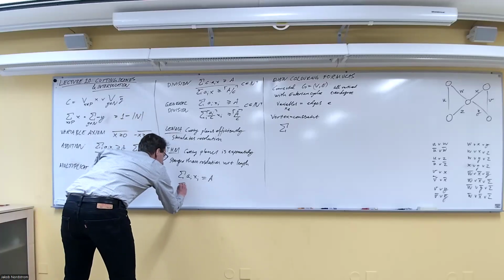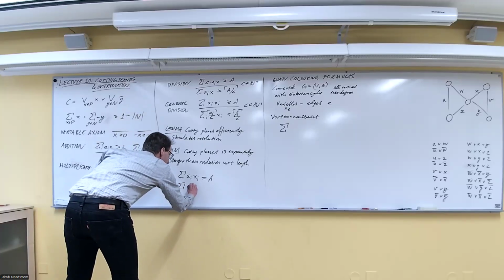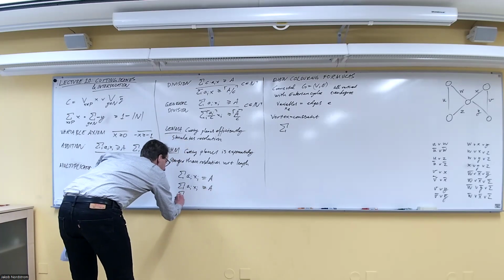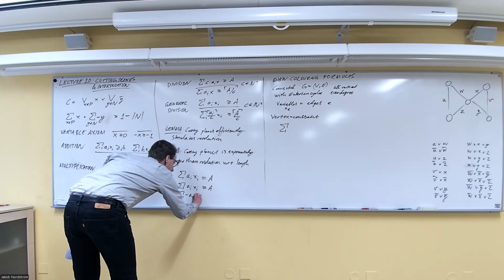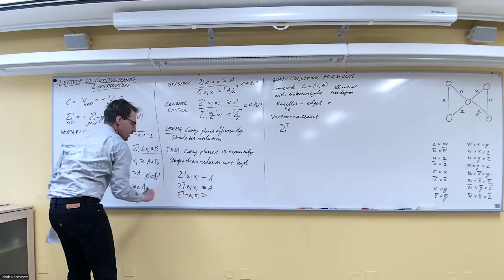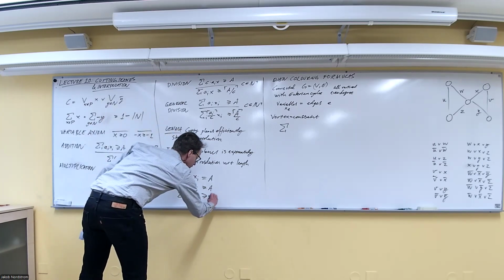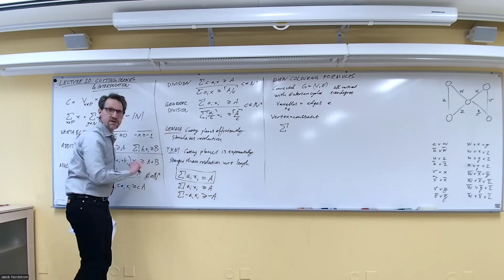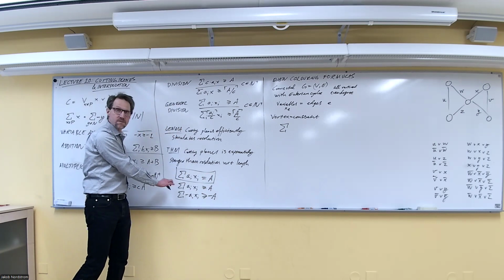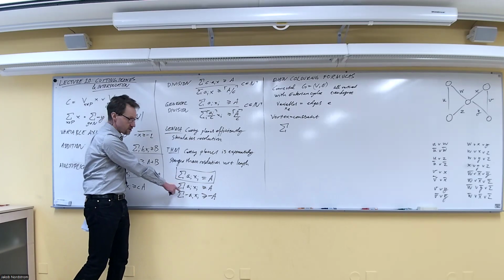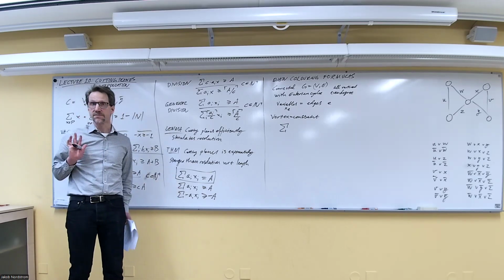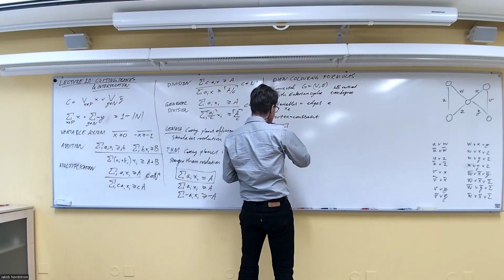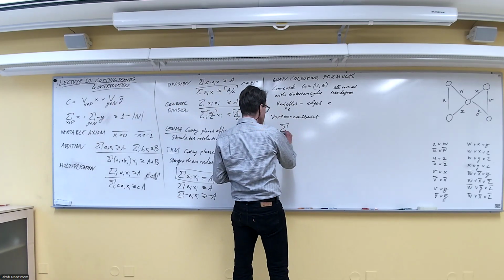And that is, of course, just syntactic sugar for sum a_i x_i greater or equal a, and then sum of negative a_i x_i greater or equal minus a. I view this as an abbreviation of these two inequalities.